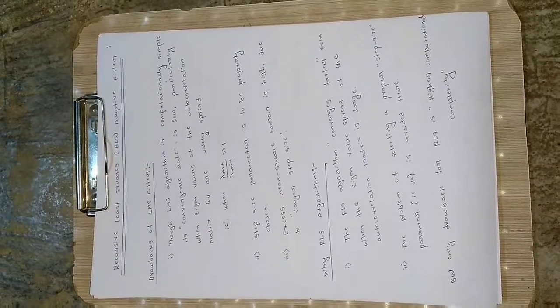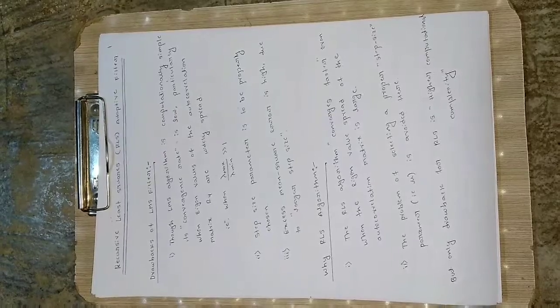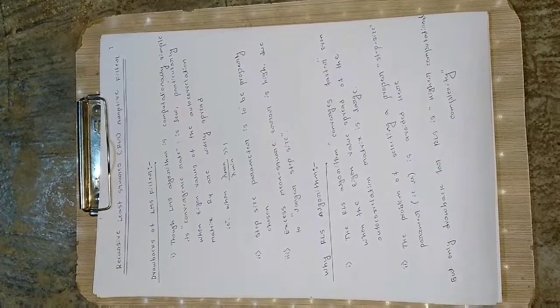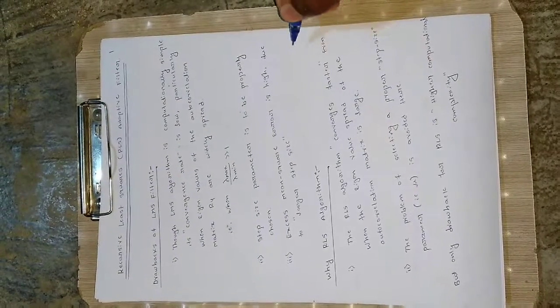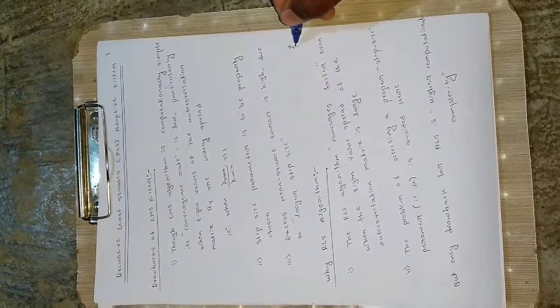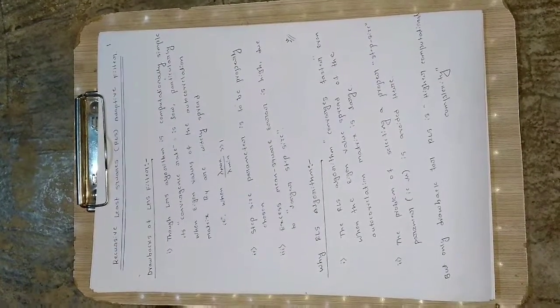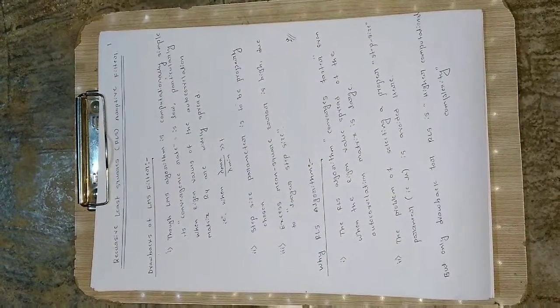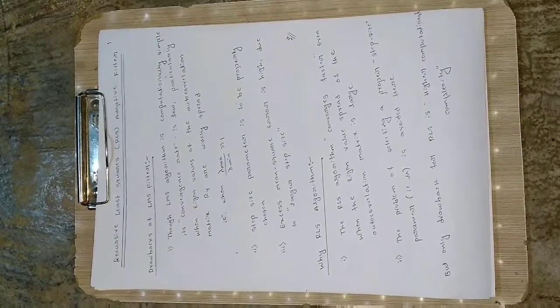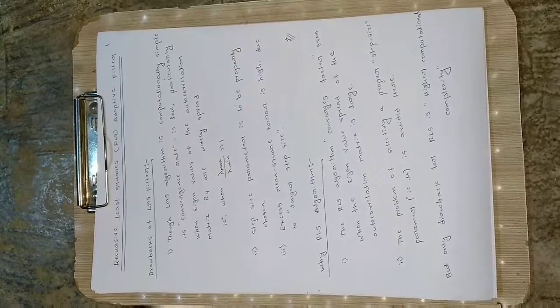But the problem with that algorithm was that we have to decide the step size there, that is denoted by mu. So there we have to predict the value of mu, which is very difficult when the input signal has a lot of noise. At that time the prediction of mu becomes much tougher.